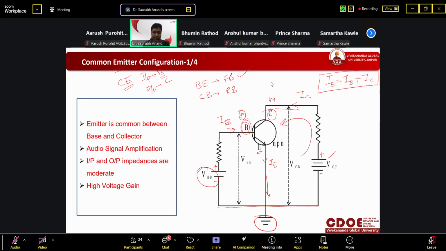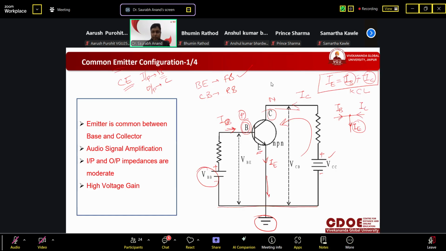If IB is in this direction, IE is in this direction. Then using KCL, this is equal to this plus this. So it is outgoing current from this node, and the others should be incoming.